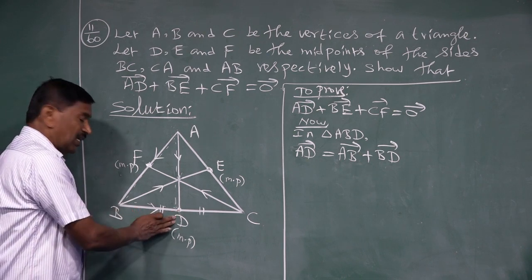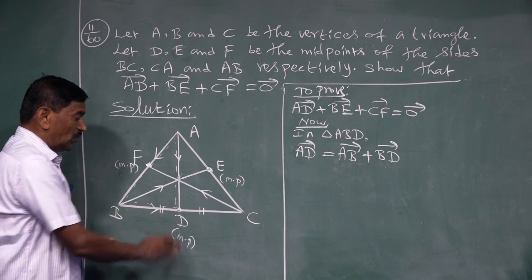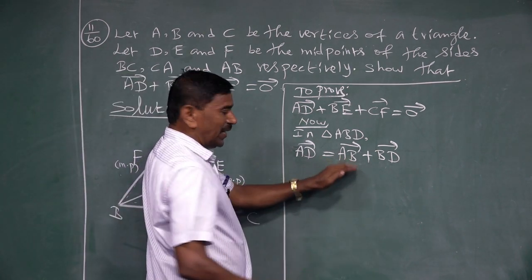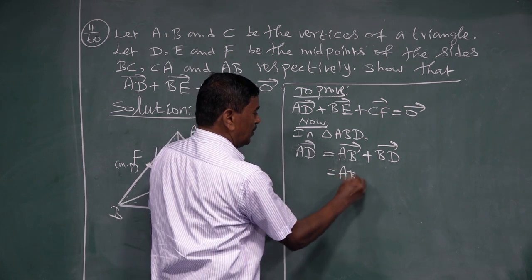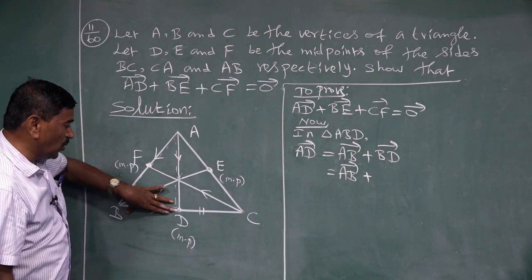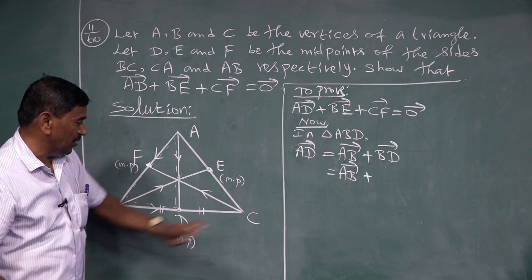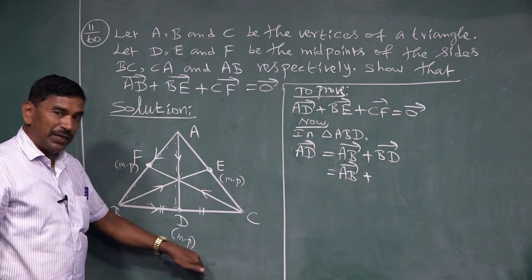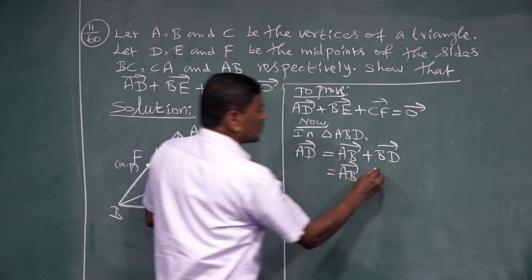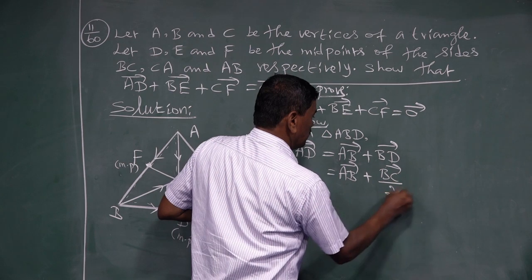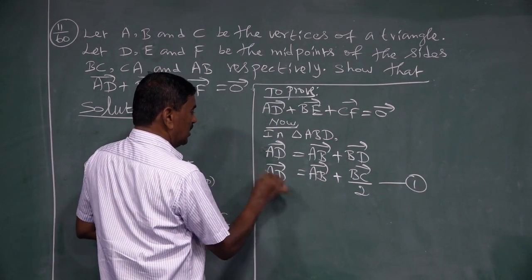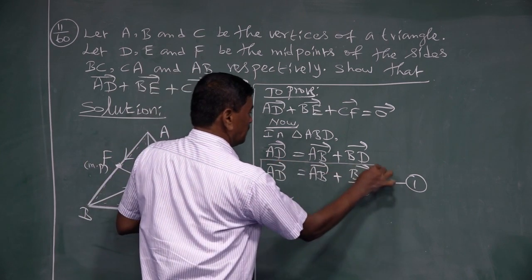Otherwise, BC vector by 2 is also correct. So, AB vector as it is, plus BC vector by 2. Let it be the first equation, whose left hand side is AD vector. So, first equation is ready.